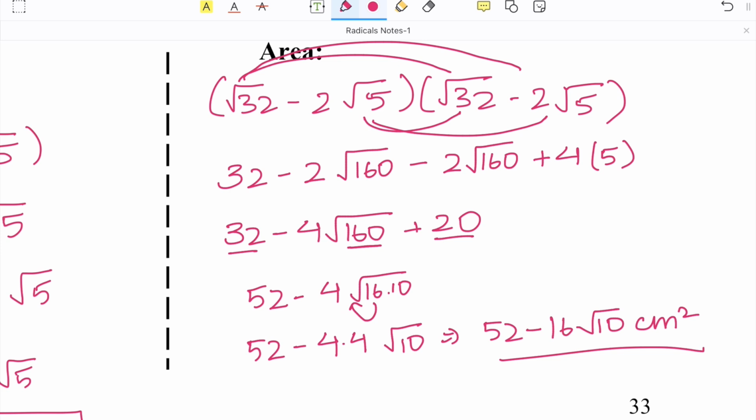I simplified the thing beforehand, where I simplified 32, and then for area, since if you square a square root, it just becomes a normal number, I just squared everything, and then I just multiplied 16 by 2 and 1 by 5, because 32 simplified is just 4 root 2.